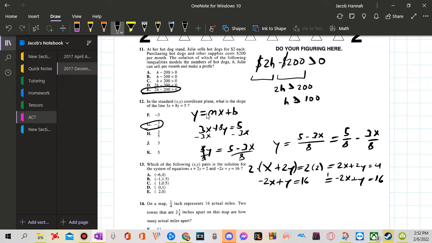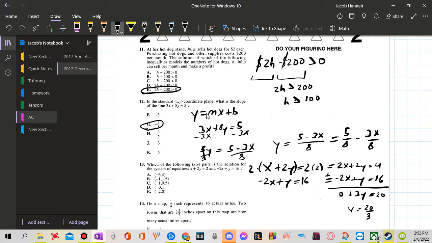So if we add these two now, just add down like this. It's a pretty nice convention. So 2x plus negative 2x is 0. 2y plus y, that's going to be 3y. 4 plus 16, that's 20. And we can divide by 3 on each side. So y equals 20 over 3.